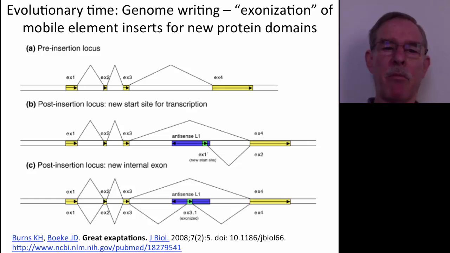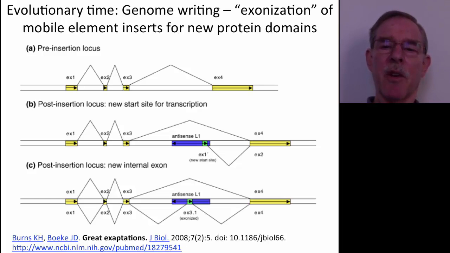So in A we see a genetic locus which is transcribed and then spliced and has 4 exons encoding various parts of the protein. If an L1 element inserts inside that third intron, we see that after insertion, various kinds of changes can occur, and 2 of them are illustrated here.